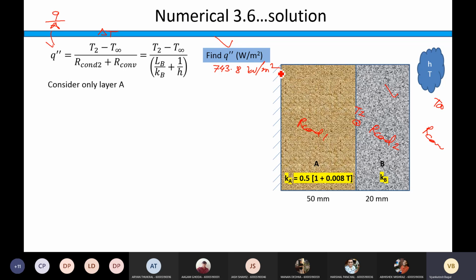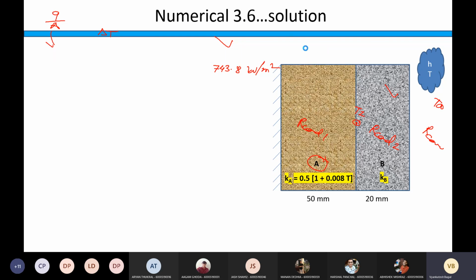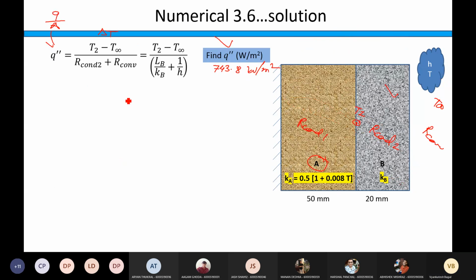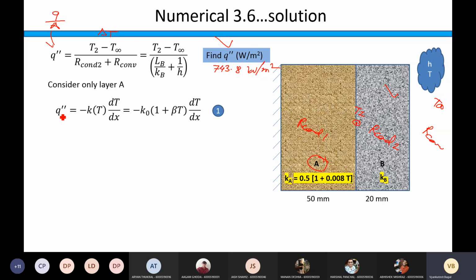Now, once you know the heat flux, you can consider this layer now, and you can use that formula which we have used in the last derivation: Q is equal to minus K dT by dx, right? That K will be replaced by this term. Now we are finding the flux, that's why that A term is not written here.